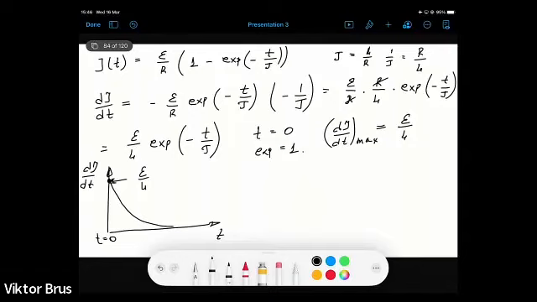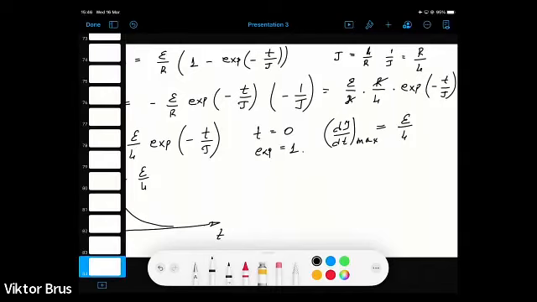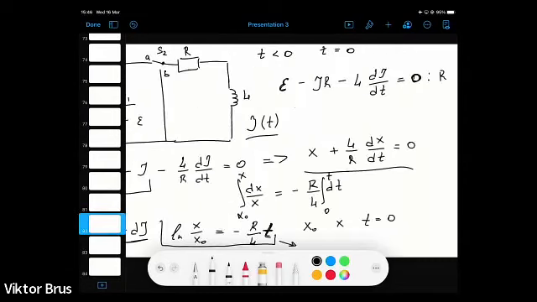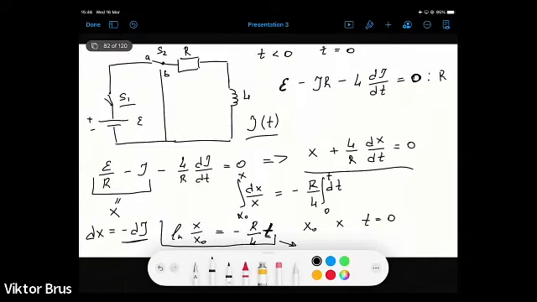So one more thing what we need to highlight here is when we change the position of switch S2.